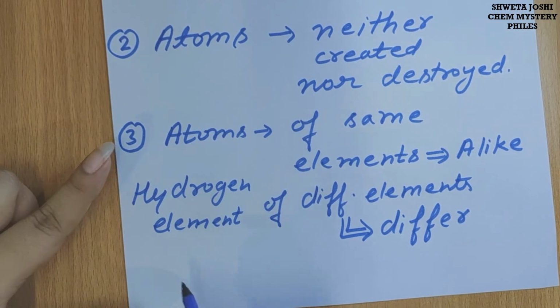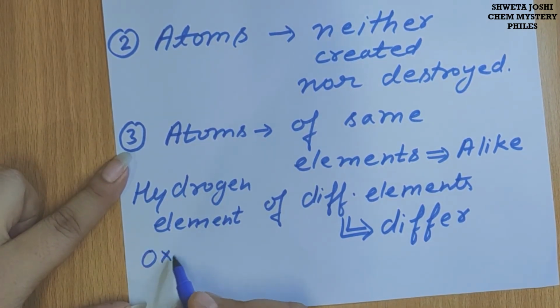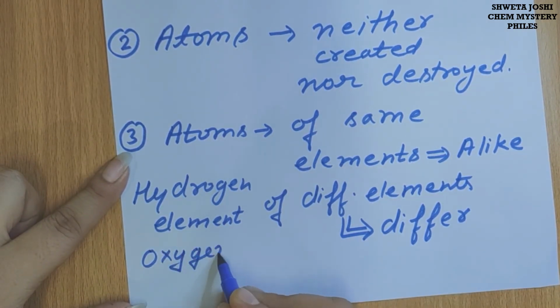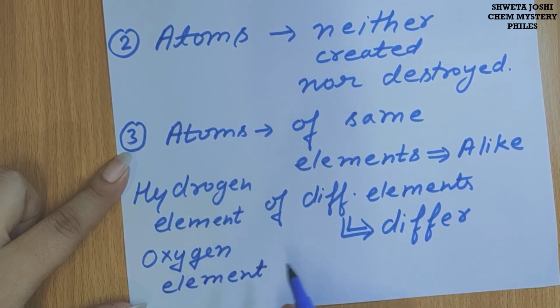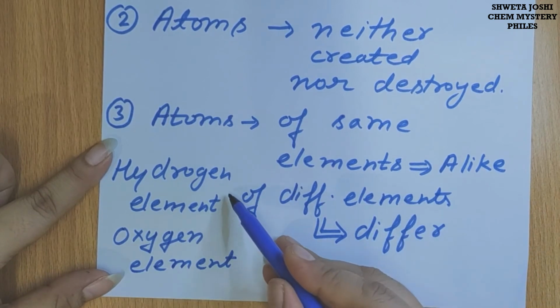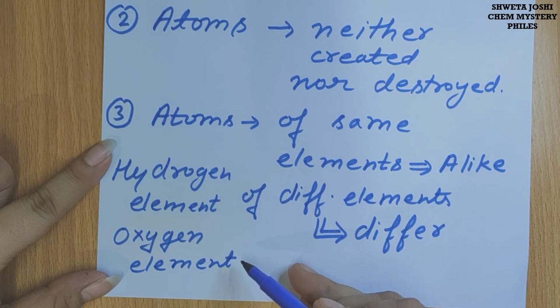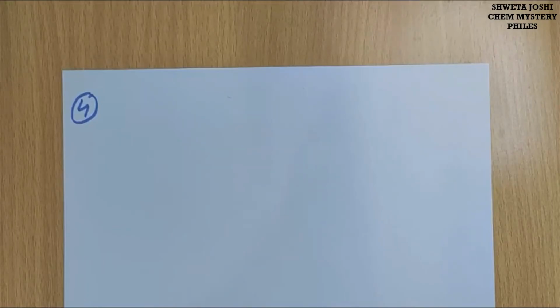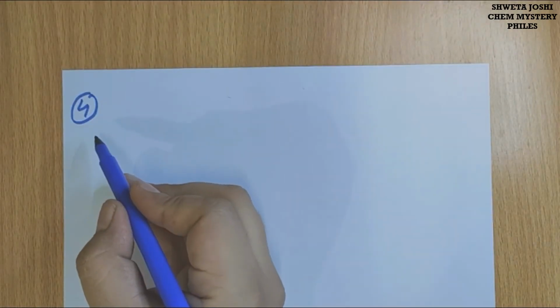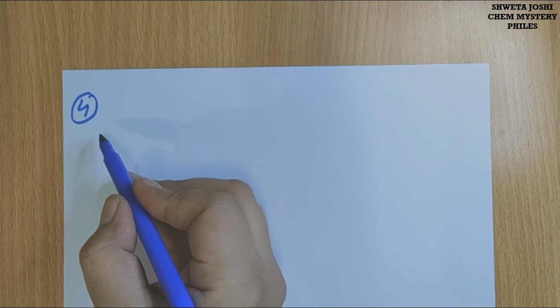And if you consider oxygen element, then atoms of hydrogen element possess different properties as compared to the oxygen element. This is third postulate of Dalton's atomic theory. Now covering fourth postulate of Dalton's atomic theory.